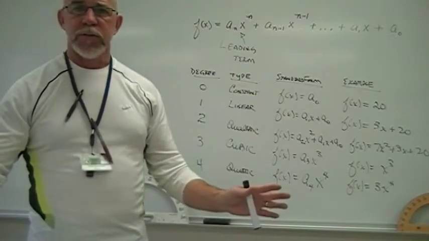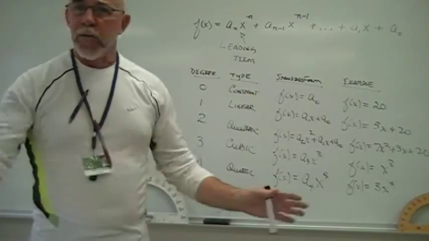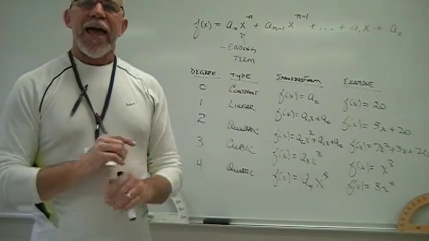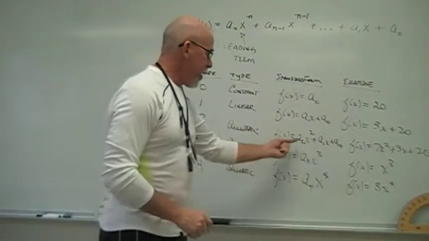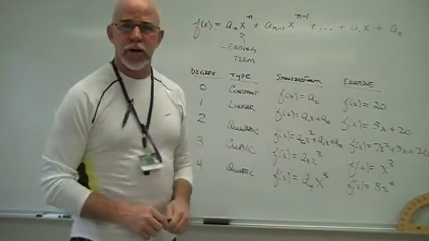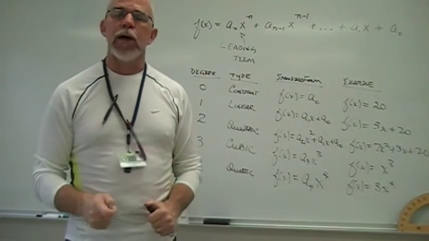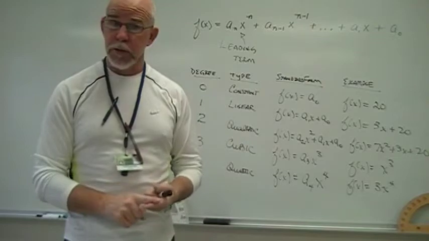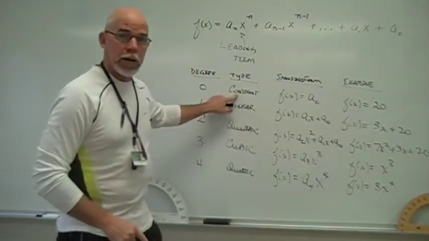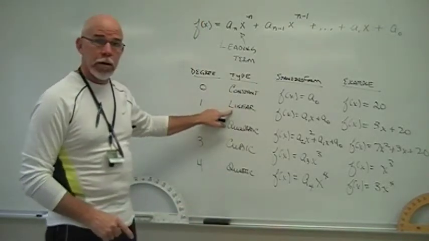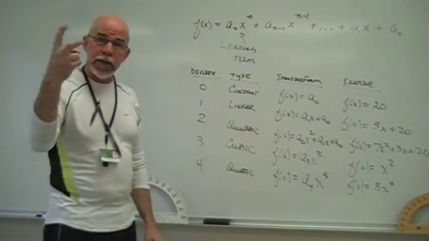Never any negatives. Never any decimals. Every degree, every power of every term, every power on every independent variable has got to be a whole number. It can be 0, like a constant. It can be 1, like a linear. It can be quadratic. It can be 2.